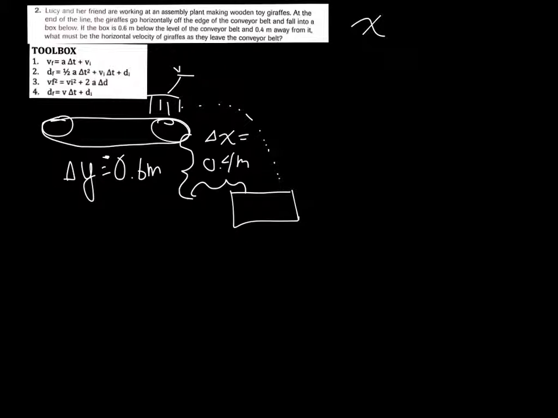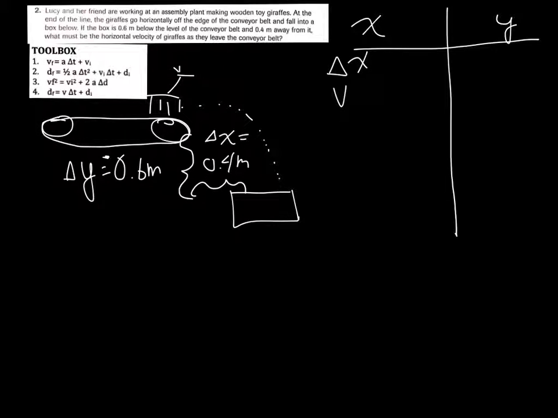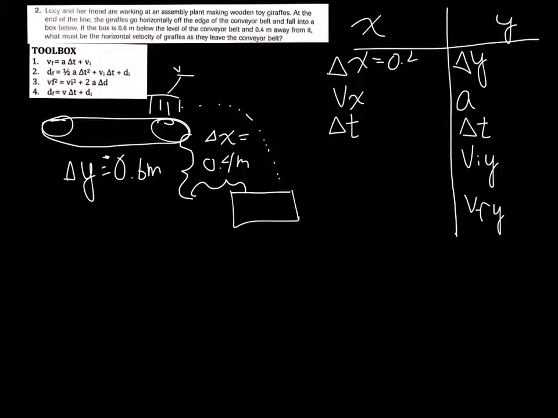So x, y. Change in x, horizontal velocity, change in time, change in y, acceleration, time, initial velocity, final velocity. My change in horizontal position is 0.4 meters.